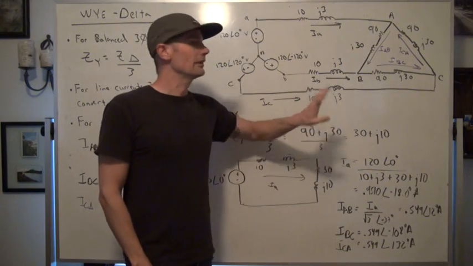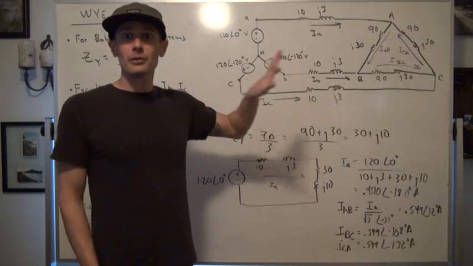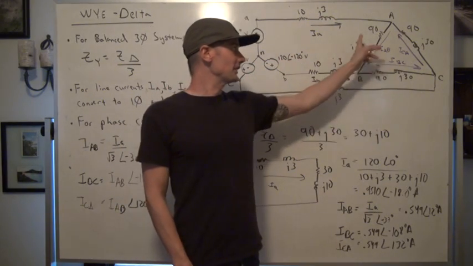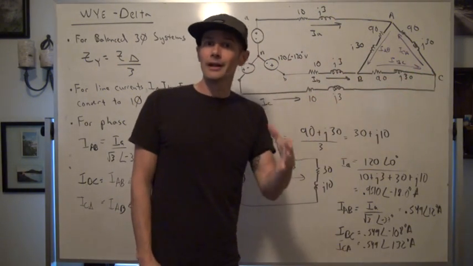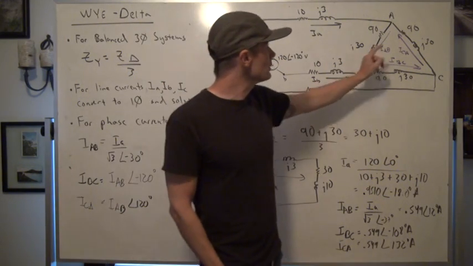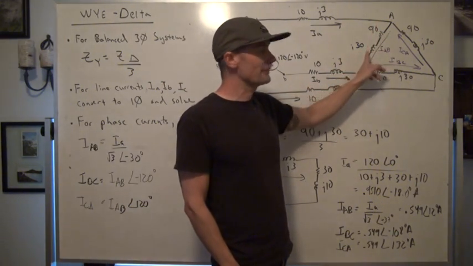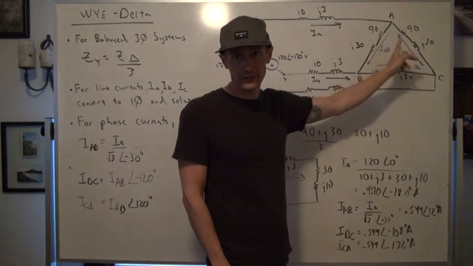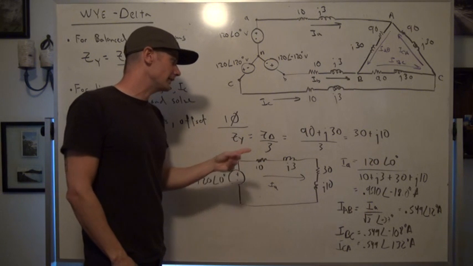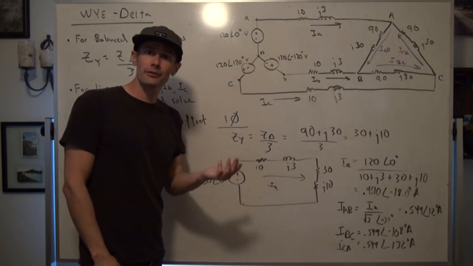So here we go. The only difference between the prior video example and this one is that I tacked on a balanced delta load here, in which we have 90 plus j30 in each phase. So what I did was say, okay, ZY is equal to Z delta divided by 3.